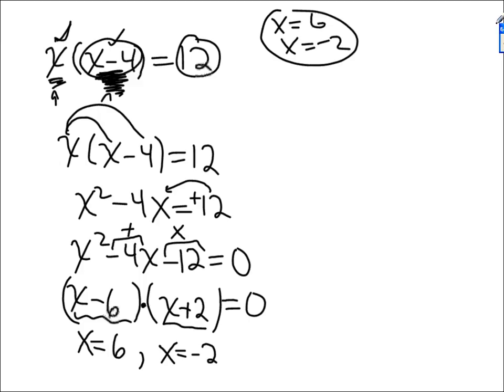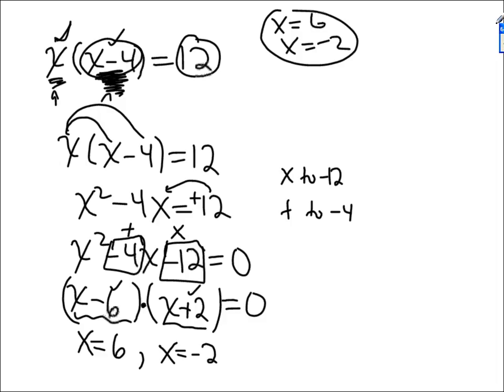And to get the -6 and the +2, it was very similar to what I did initially. I want two numbers that multiply out to -12 that add up to -4. They multiply to -12, but they add to -4.